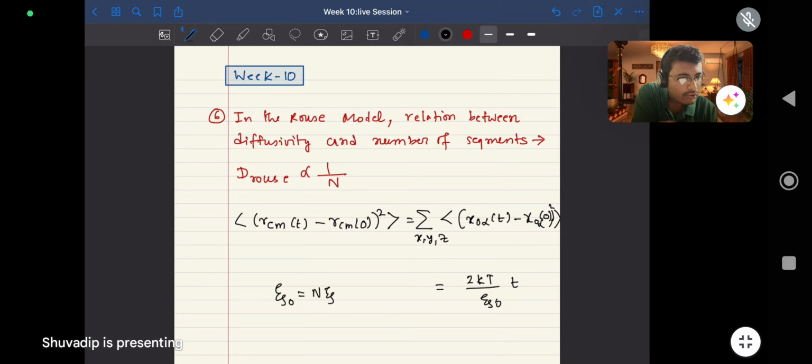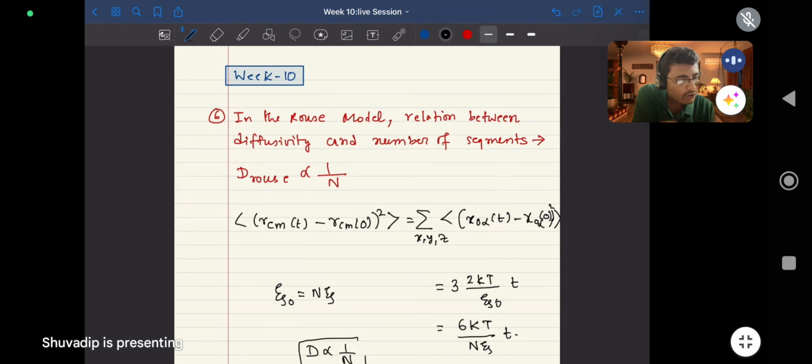If you use this relation, there will be an additional 3 because of the 3 components, and altogether we got the relation 6kT by n xi into t. If we compare this with our known relation, that gives the relation that D is proportional to 1 by n.